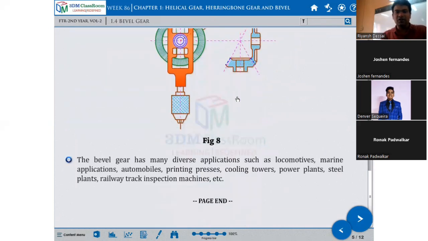Bevel gears have many applications such as locomotives, marine applications, automobiles, printing presses, cooling towers, power plants, steel plants, railway track inspection machines, etc. So it is used almost everywhere.